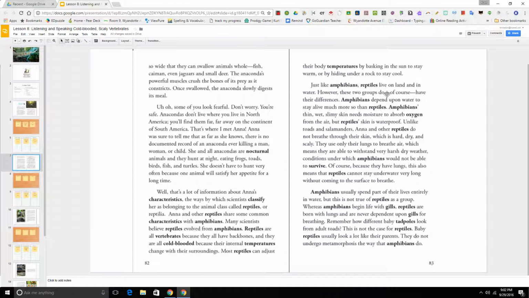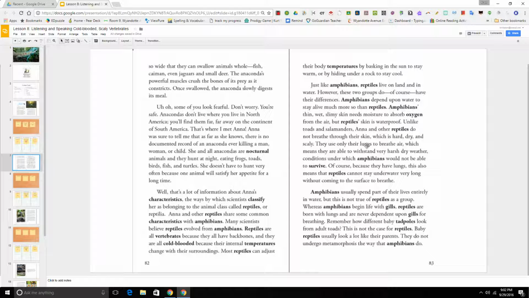However, these two groups do, of course, have their differences. Amphibians depend upon water to stay alive, much more so than reptiles. Amphibians' thin, wet, slimy skin needs moisture to absorb oxygen from the air. But reptiles' skin is waterproof. Unlike toads and salamanders, Anna and other reptiles do not breathe through their skin, which is hard, dry, and scaly.